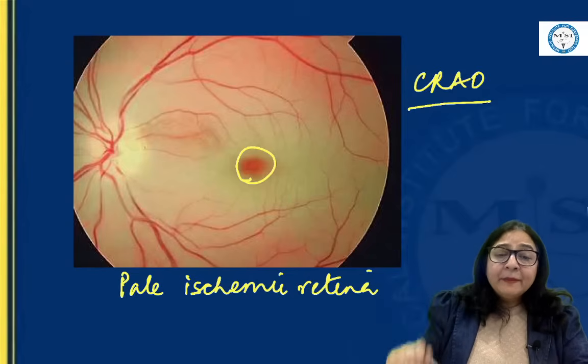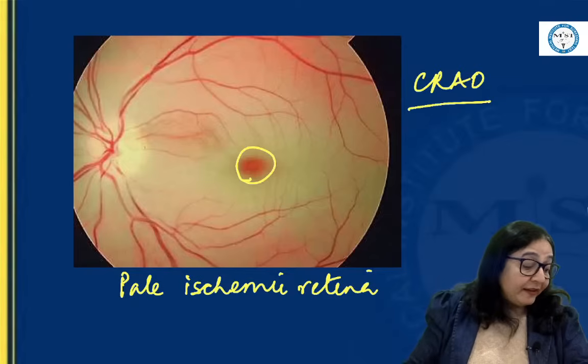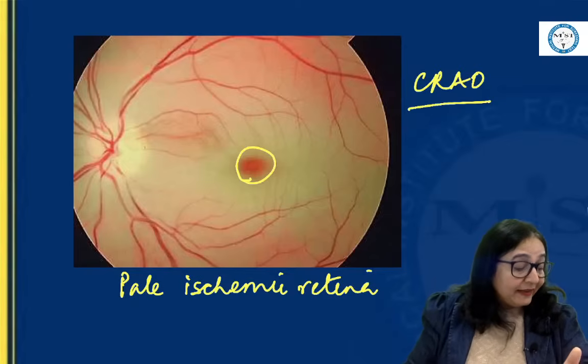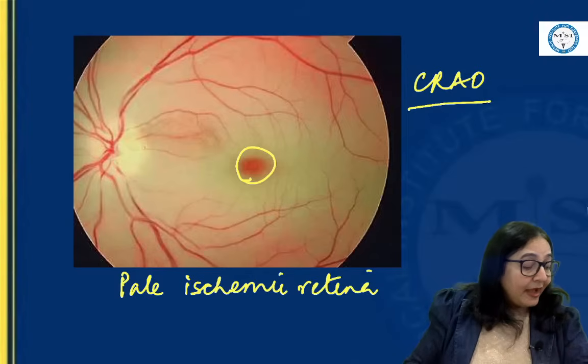On fundus examination, pale ischemic retina and cherry red spot. So that is a case of central retinal artery occlusion.